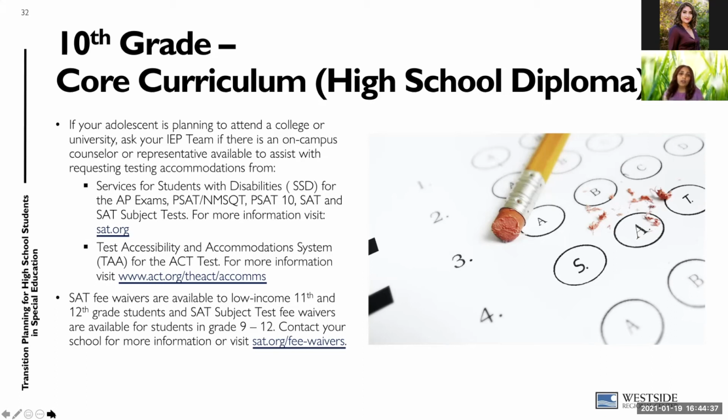So maybe we can invest that time that the student is going to put on preparing to take these exams and do something else more productive. So having a conversation with our students as to what their plans are after high school would help us do this. Next.